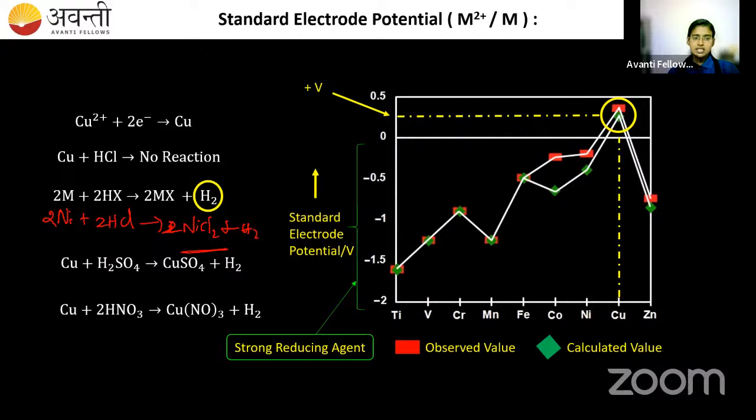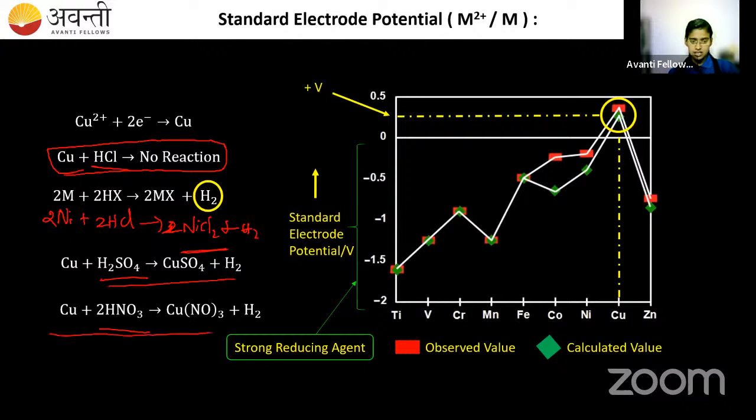HCl is hydrochloric acid, H2SO4 is sulfuric acid, and HNO3 is nitric acid. So copper does not react only with hydrochloric acid, but it will react with the other two mineral acids. So these are the exceptions. Got it? Take a note of that.